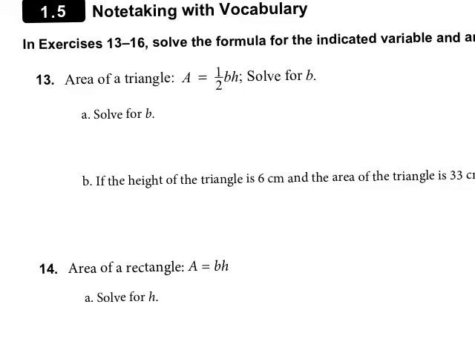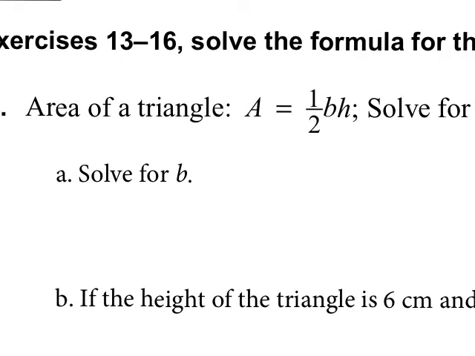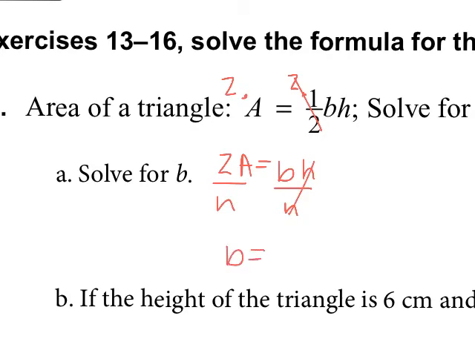So I want to multiply by 2 first on both sides. So I have 2a equals, that's gone now, bh. And then my last step to get b by itself will just be divide by h. So I have b equals 2a over h.